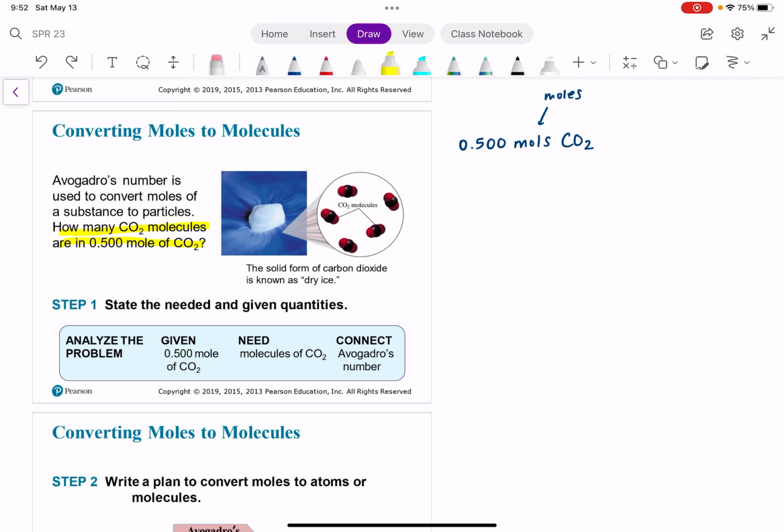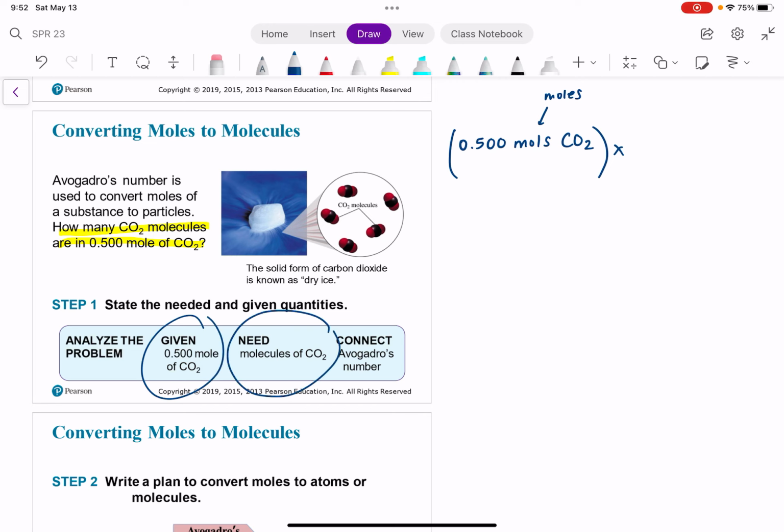All right, so 0.500 moles of CO2 is what I'm given. So that's the first thing I write down, and it's going to be the first kind of train track in my conversion problem, okay? And now I want to get to CO2 molecules. So I'm given this number, right? And I want to get to here.